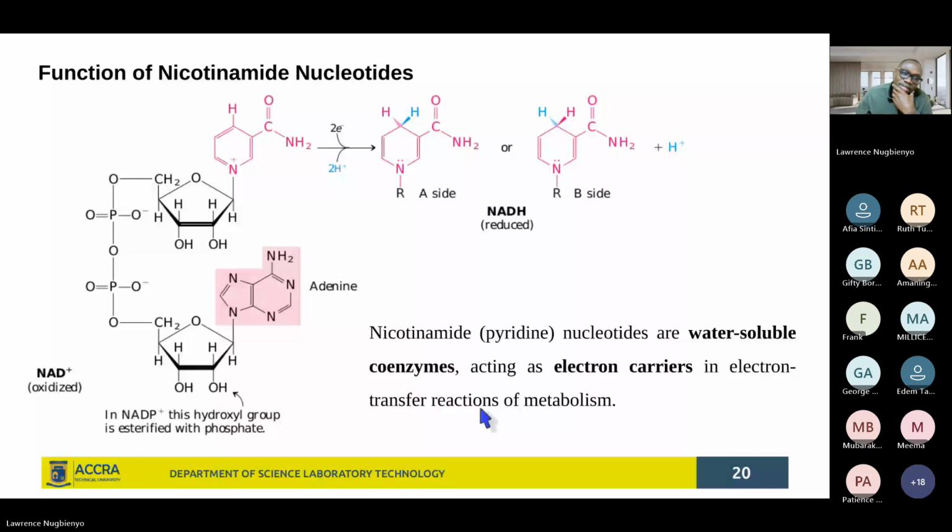Now, these coenzymes are involved in electron transfer from one molecule to the other. In other words, they are involved in oxidation reduction reactions.